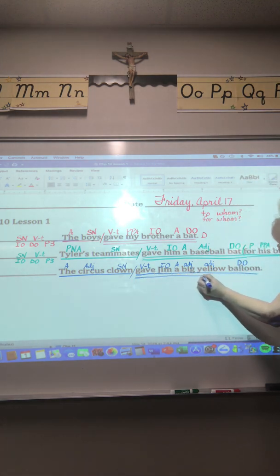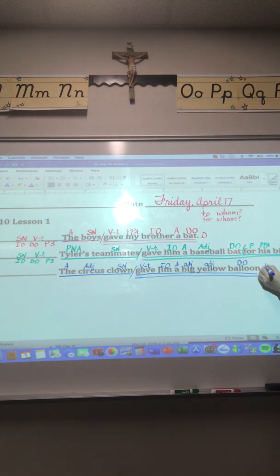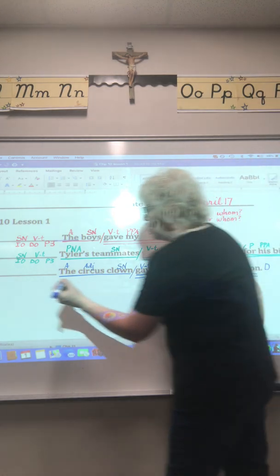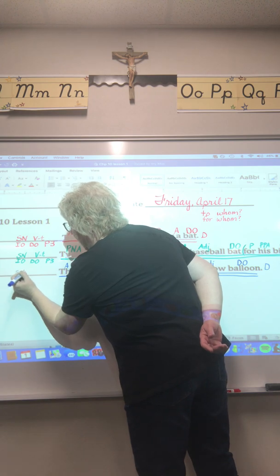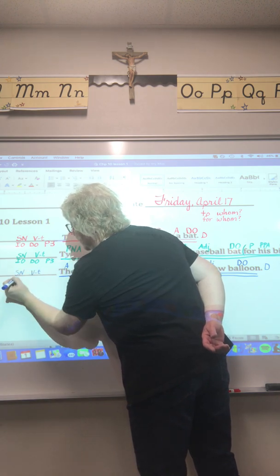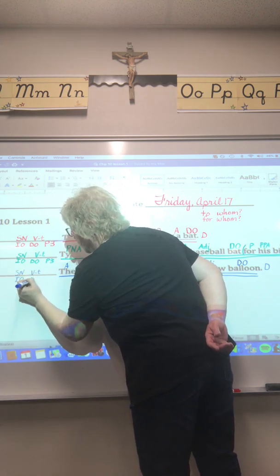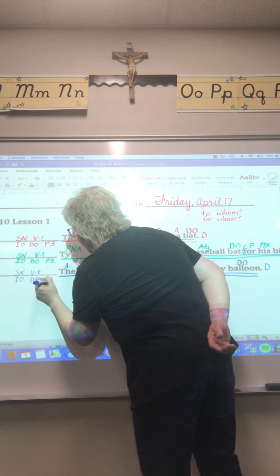At the very end of the sentence, we're going to tell that this is a declarative sentence. It's a telling sentence. And on our blank, subject noun, verb transitive, indirect object, direct object, pattern 3.